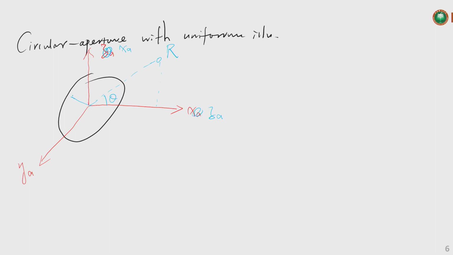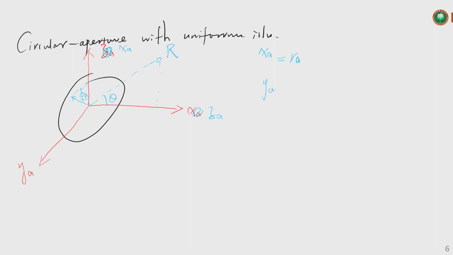So this is YA. So for a transformation from the polar coordinate to the Cartesian coordinate, RA means the radius expressed in the x or y plane.